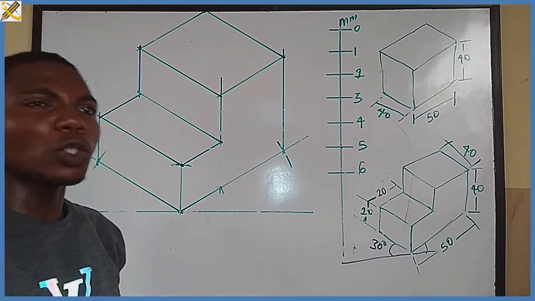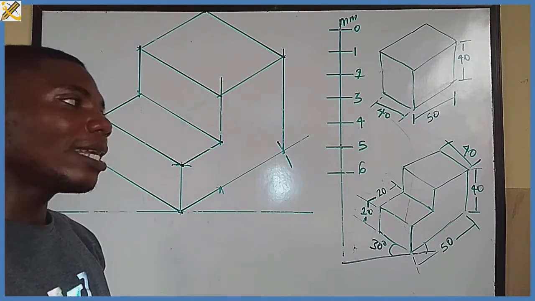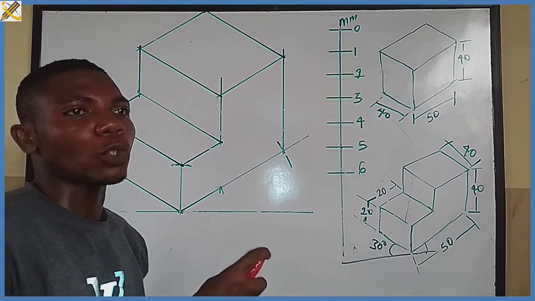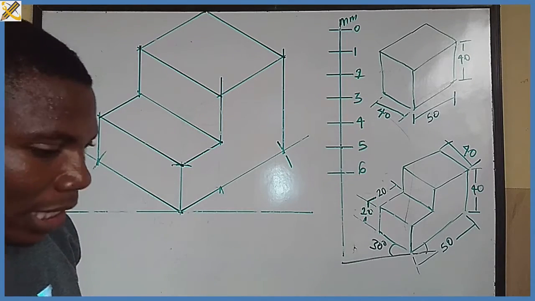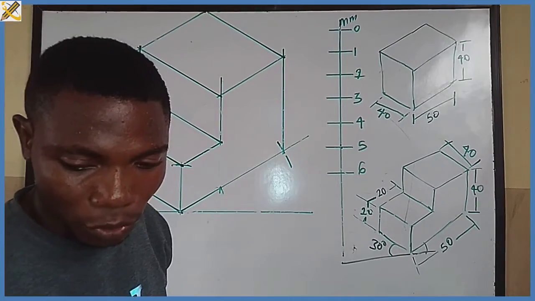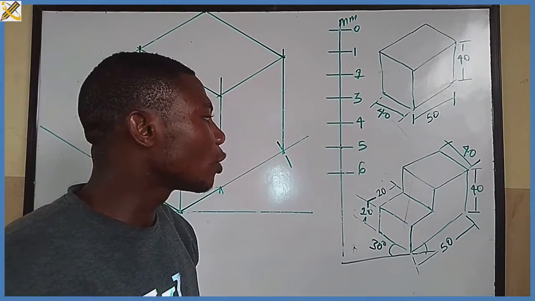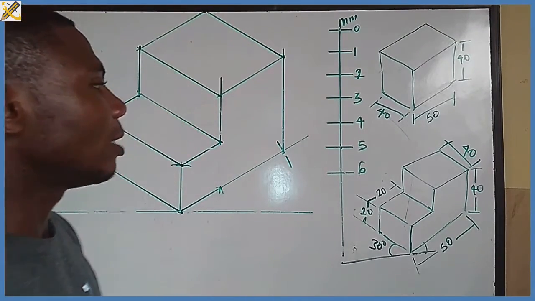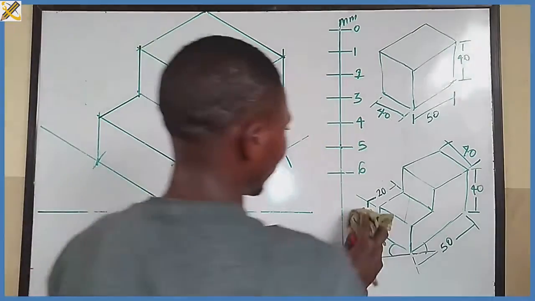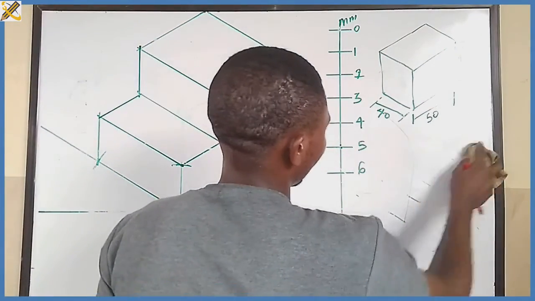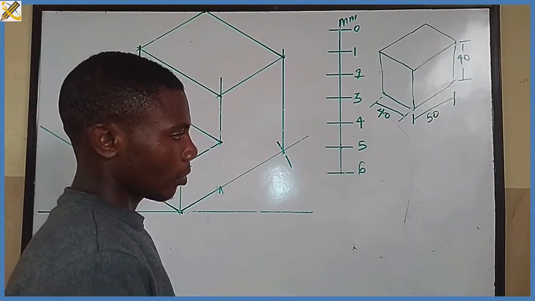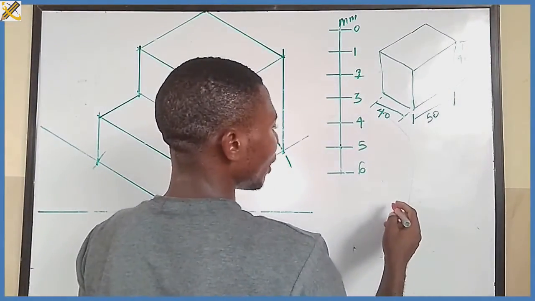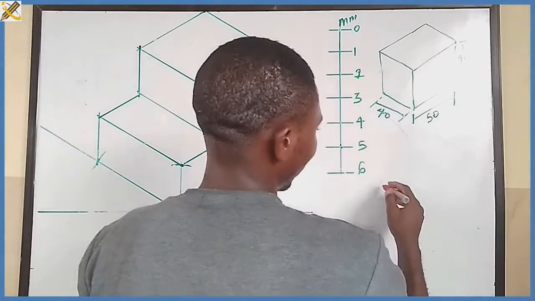So I'm going to produce maybe two or three isometric drawing examples on paper for you to see, because in some scenarios, there are isometric drawings of this form. Okay, you might have an isometric drawing something like this.